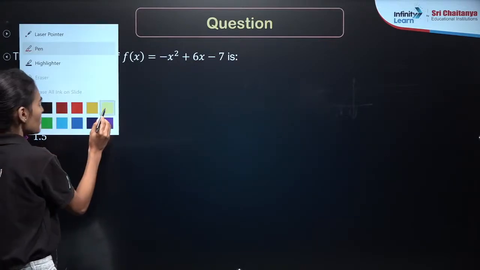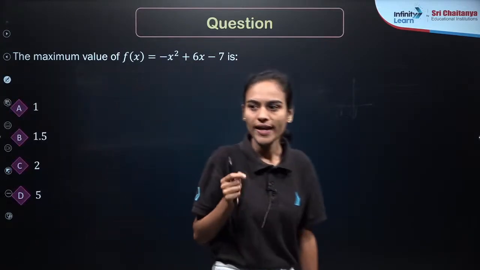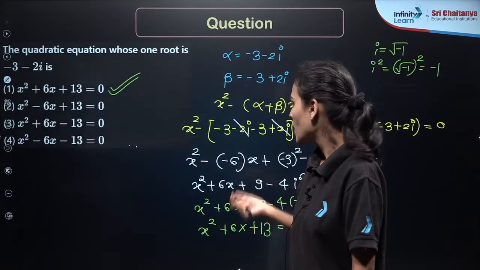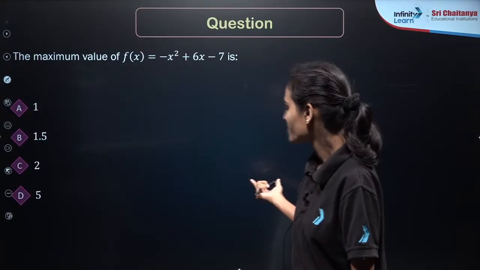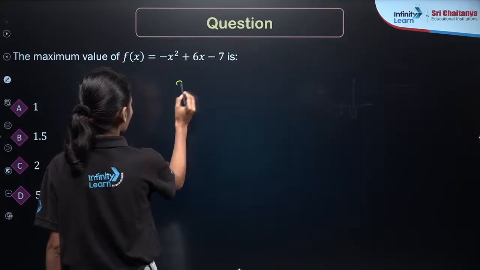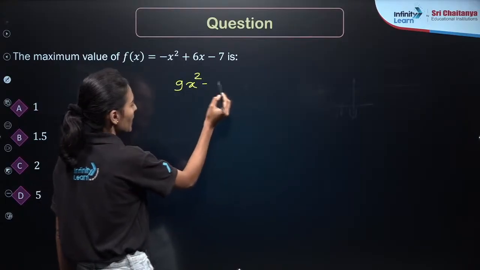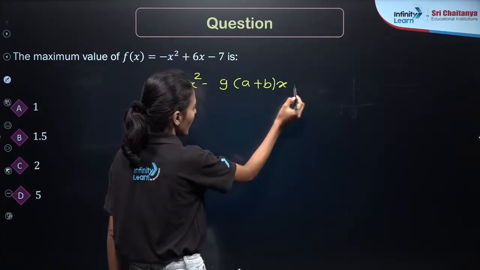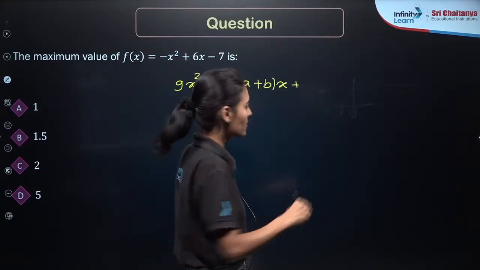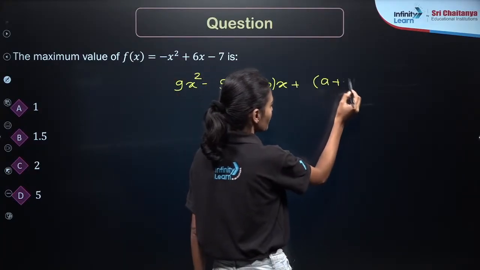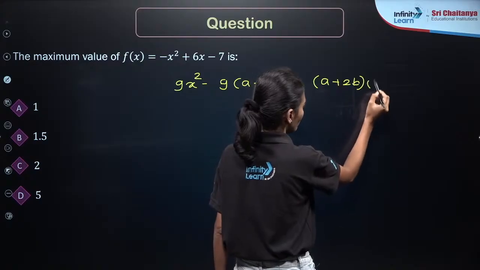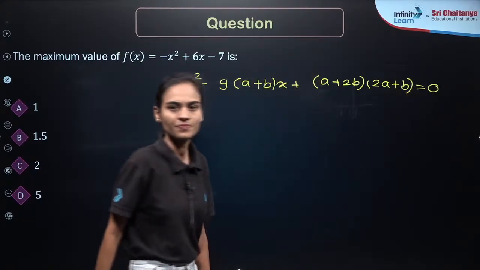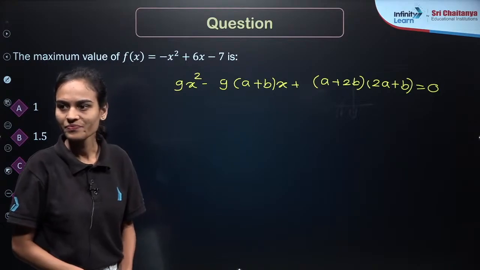The next question comes, they will ask you to find maximum, but then you are not getting the answer. You have this as 9x square minus 9 times a plus b times x, and then here you will get the answer as a plus 2b into 2a plus b, which is equal to 0, right?